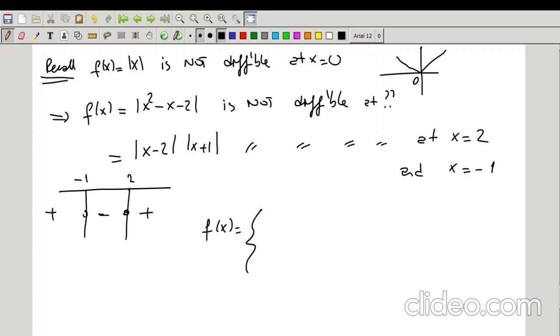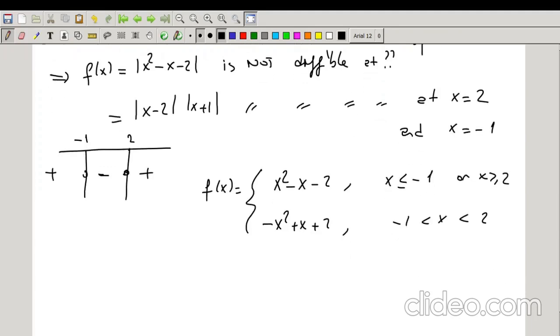Whenever it is positive, you can get rid of the absolute value, and then we have x squared minus x minus 2 when x is smaller than minus 1 or x is greater than 2. And for negative values, we have minus x squared plus x plus 2 whenever x is between minus 1 and 2. This is just to observe the behavior of the sign of f in those intervals.